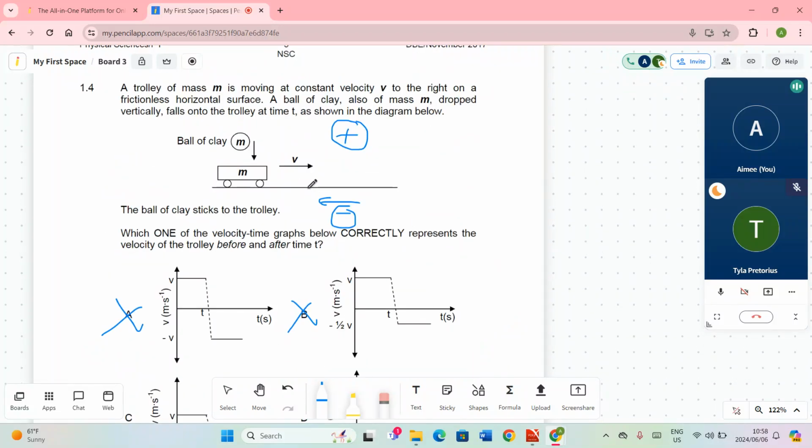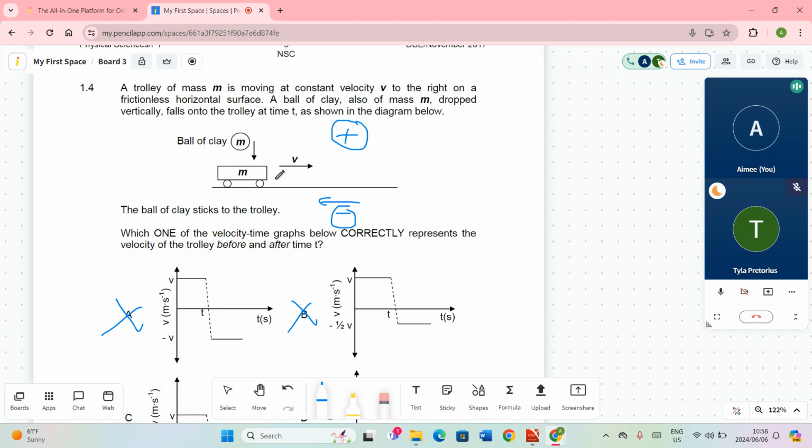And it's important to remember that the velocity of your little trolley is going to decrease. Okay? Remember that if an object is heavier, it's not going to be able to move as quickly as if it were lighter. So now that's the second thing that we can now use to eliminate one of the graphs.